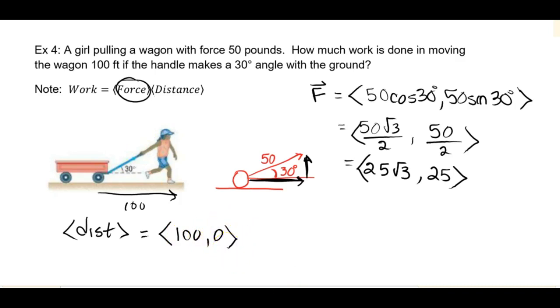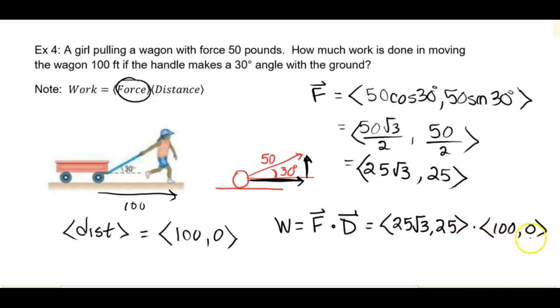That's what we want. So if you want to find work, you're going to get the vector F and dot it with the distance vector. So we're going to do 25 square root of 3, comma 25, dot 100, comma 0.